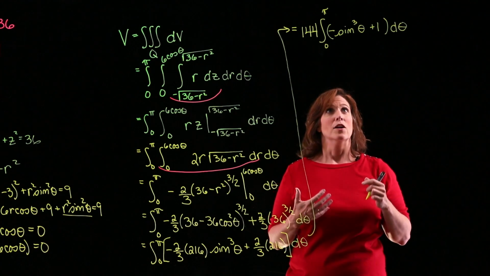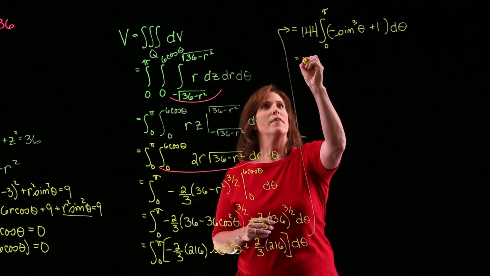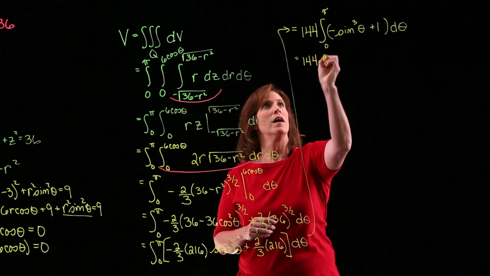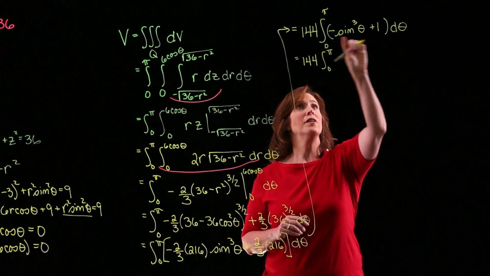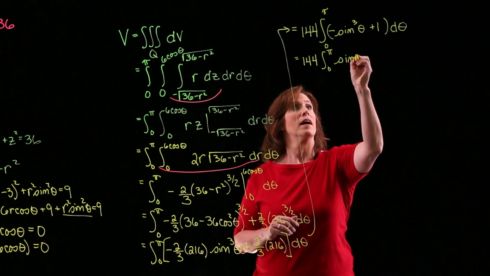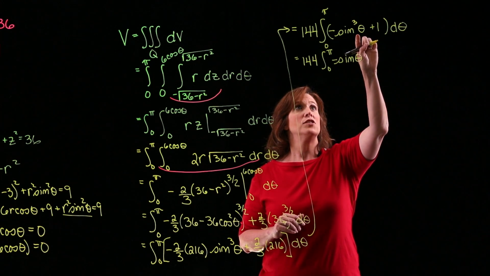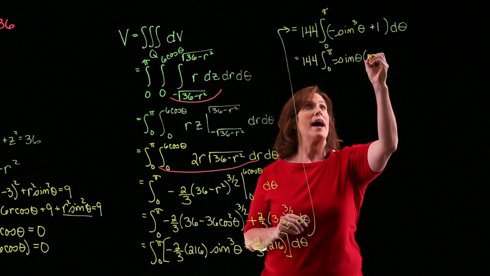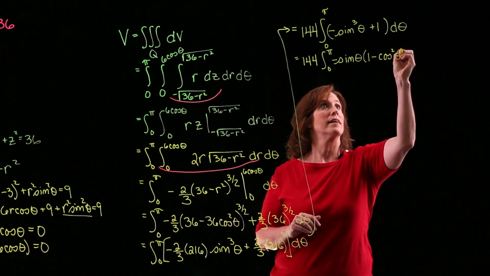All right, now it looks like we're done, but remember, this is a somewhat tricky integral. So we're going to have 144, the integral from 0 to pi. Let's pull out a minus sine theta. And sine squared can be written as 1 minus cosine squared theta.